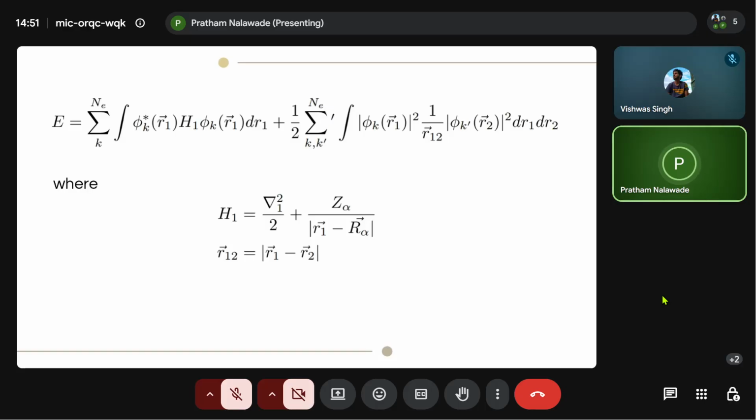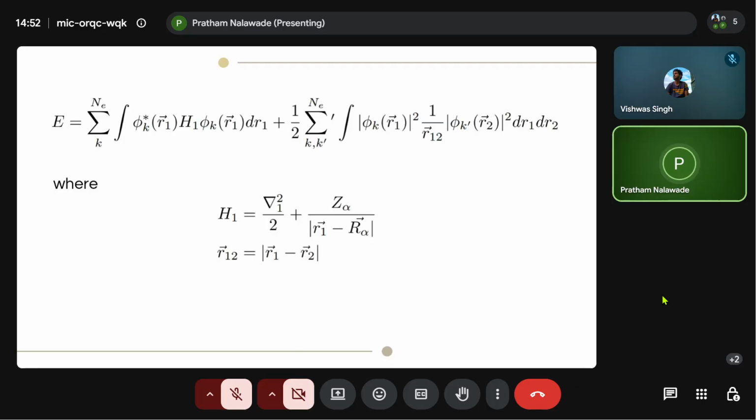And the second term, you can see that it is mod square of phi of k into 1 by r12 and mod square of phi of k prime. Everything is in atomic units. There is also a charge e which has been taken as 1. So e times mod square of psi is nothing but our charge density. When you integrate over the whole space r, you get the total charge.